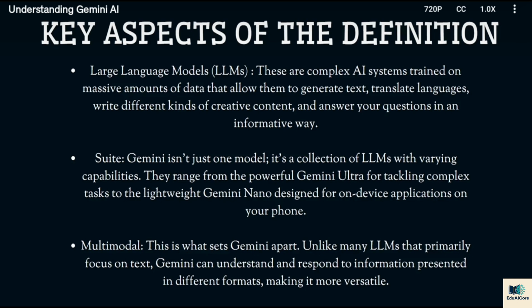So large language models are nothing else but complex AI systems. These are not simple AI systems. Why is it complex? Because it works with a massive amount of data and tries to understand it. Let's say someone searches, how are you doing today?